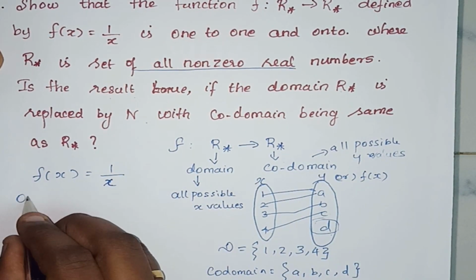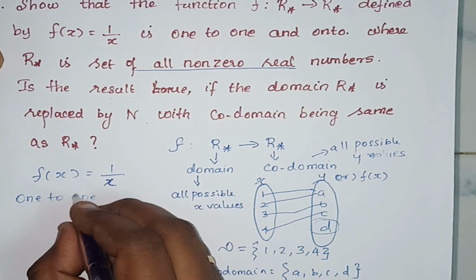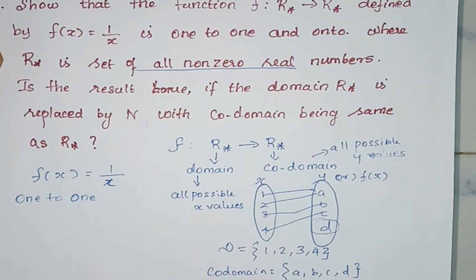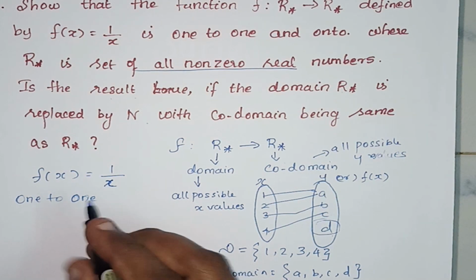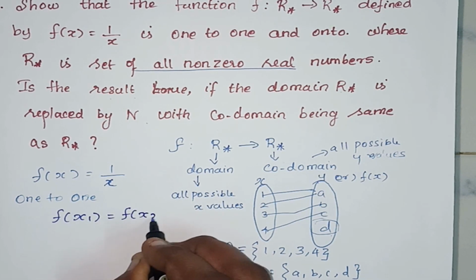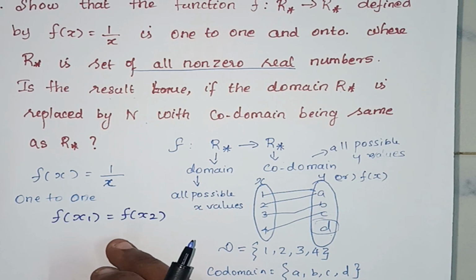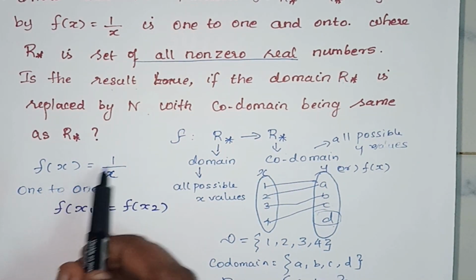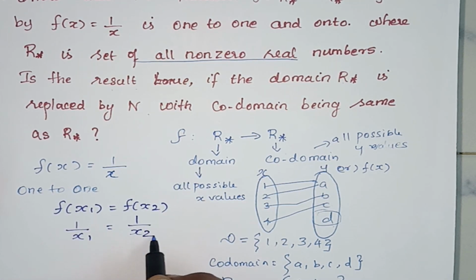So f of x equal to 1 by x. We need to prove first that it is a one-to-one function. For a one-to-one function, we know one expression: we need to prove that if f of x1 is equal to f of x2, then x1 is equal to x2. Here f of x is equal to 1 by x, so f of x1 is 1 by x1, equal to 1 by x2.